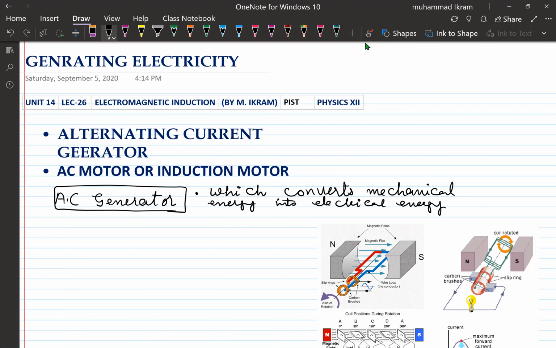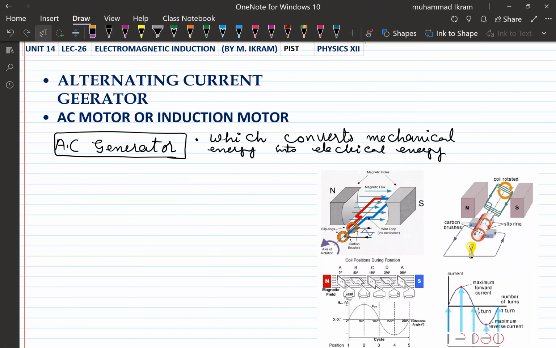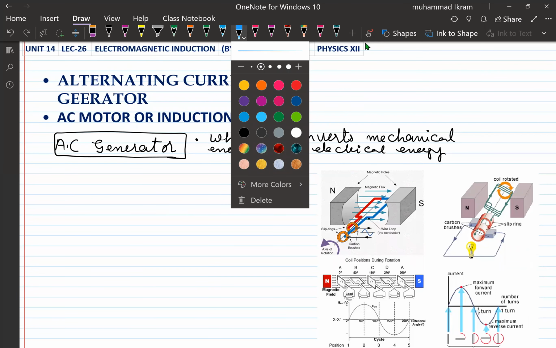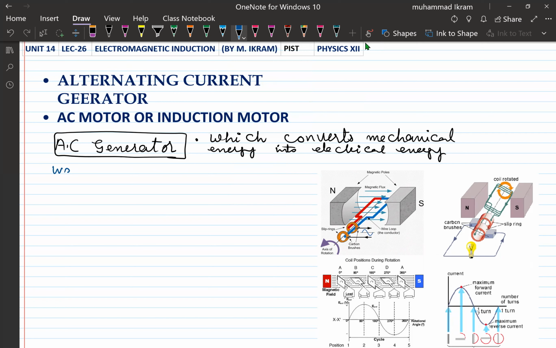The working principle of the AC generator is based on the phenomena of electromagnetic induction.